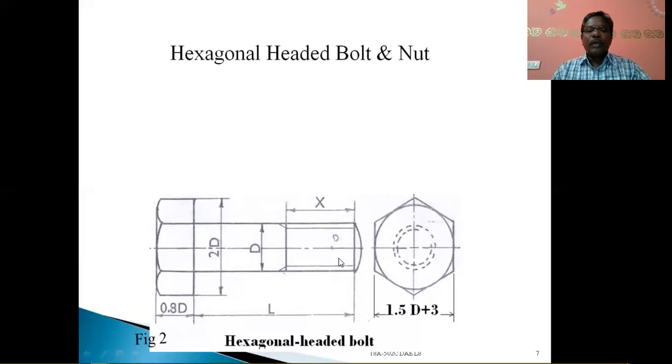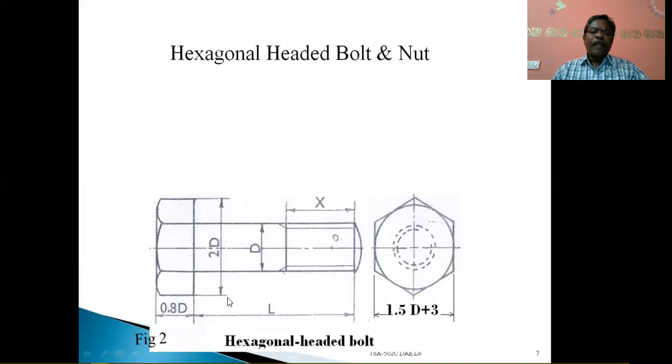And from here to here it is the root diameter, and from here to here it is the nominal diameter, right? So let us see the proportions. This will be the length of the bolt, and this will be the height of the head.